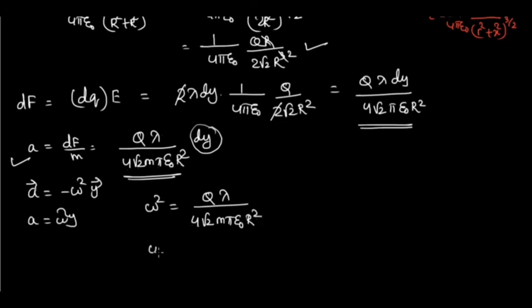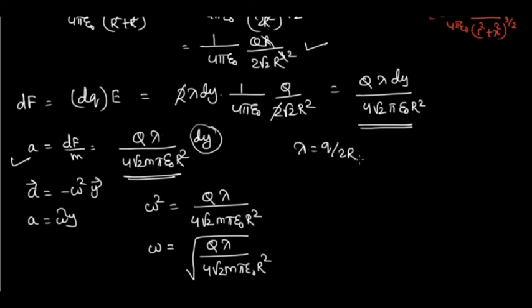So what will be omega? Omega equal to square root of this quantity, means square root of q lambda divided by 4 root 2 m pi epsilon naught r square. And in place of lambda, you can put q by 2r, because lambda means the linear charge density of the rod. The rod contains a negative charge minus q, and the length is 2r. So lambda will be equal to q by 2r. So only write the magnitude of the lambda, so it will be q by 2r.